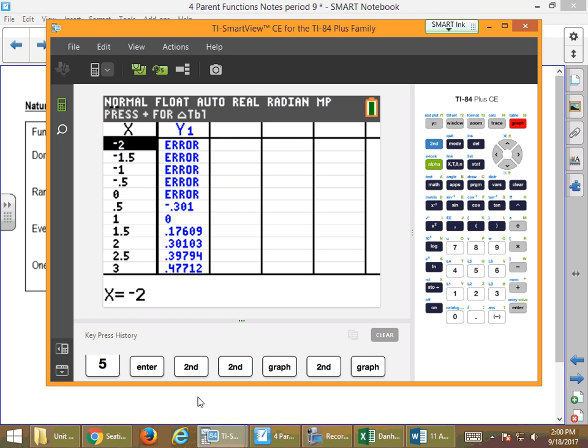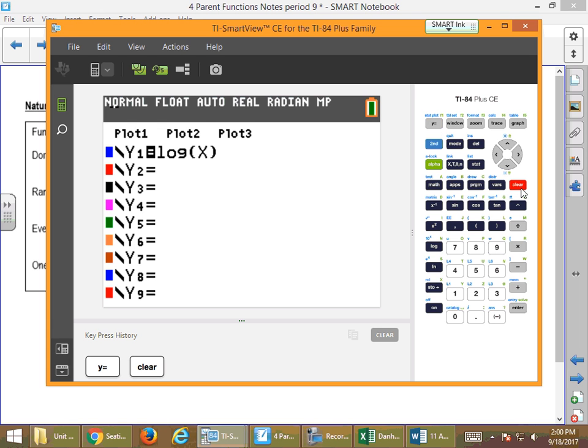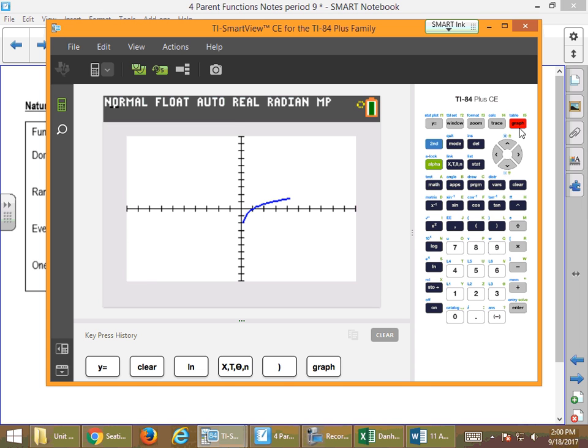So we can go back to our y equals. And this time, instead of log, we're going to type in the natural log, which is ln, one button below it, and x. And it's always nice to know what does the picture look like. Again, our screen a little bit limited, but we get the general idea of this.